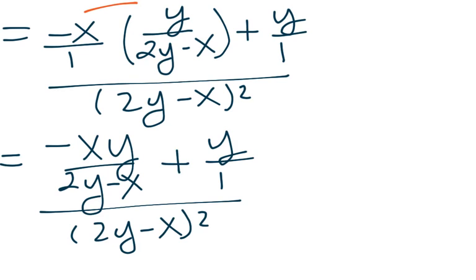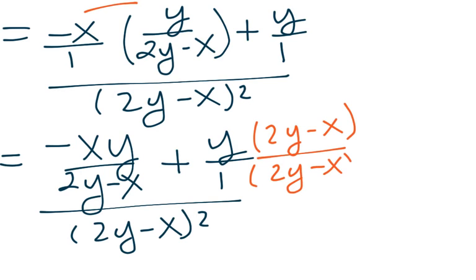So still you need to multiply this by 2y minus x over 2y minus x so that you can have the same denominator on both sides and you can add the fractions together.